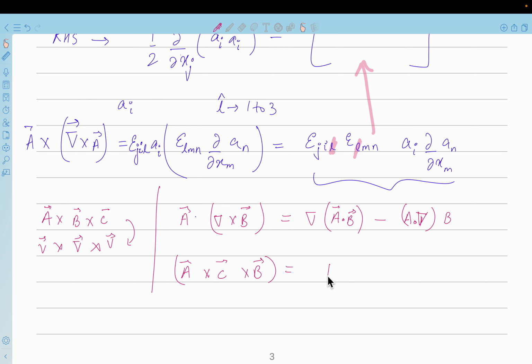So this turns out to be A dot B and C vector minus A dot C. Oh, sorry. A dot C and C vector minus A dot C. Just a second. Yeah, no, it will be A dot C.